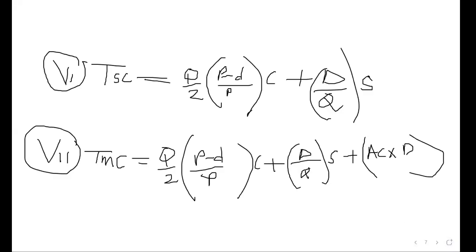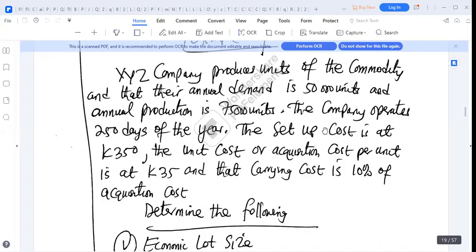So from here, we can find our annual demand is 50,000 units and the setup cost is 350 kwacha. The annual production is 75,000. They operate 250 days in a year. So we can sort out this issue.